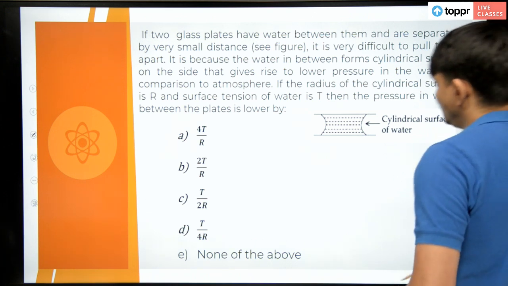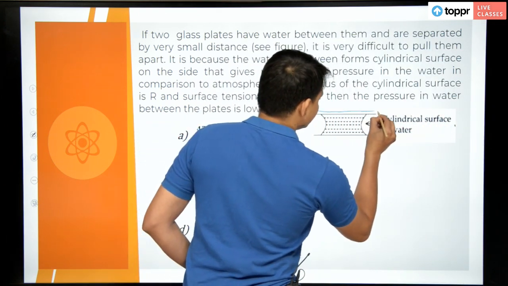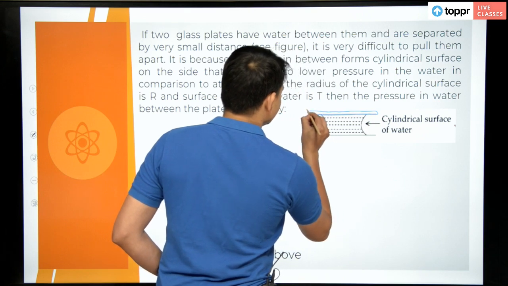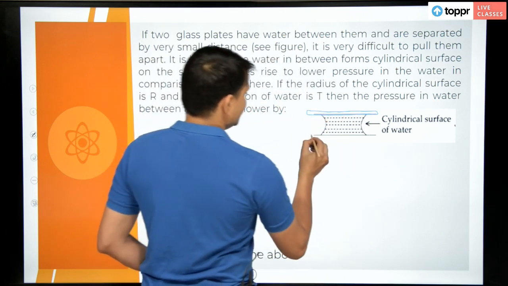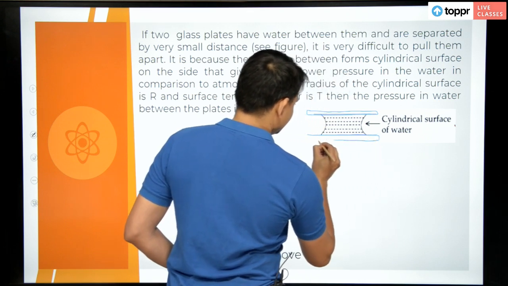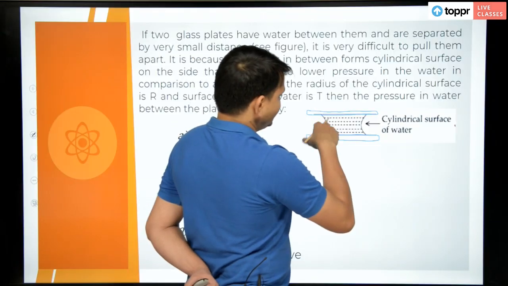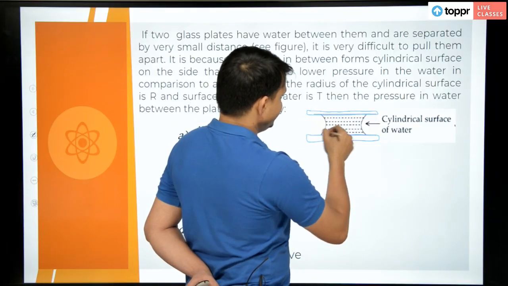So, you see this is the surface of the glass, one sheet, another sheet here, and there is some water content here and here.